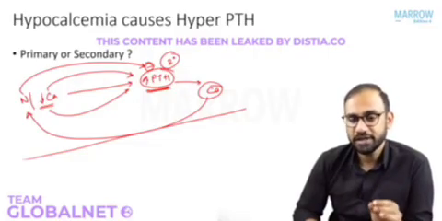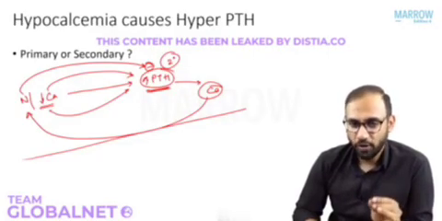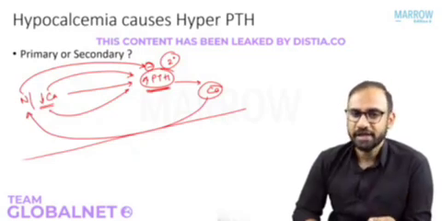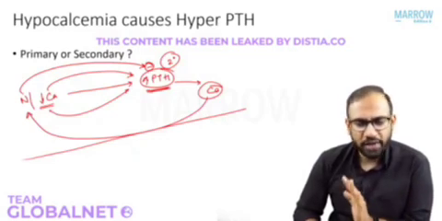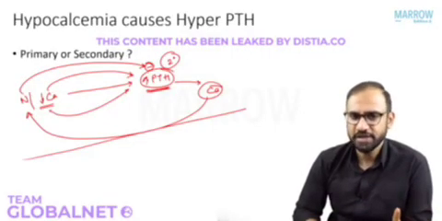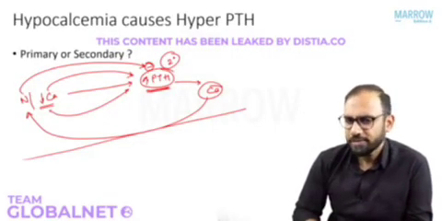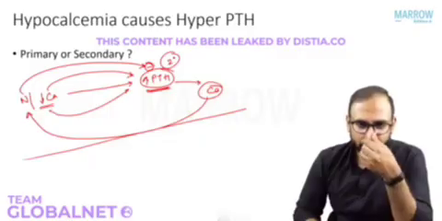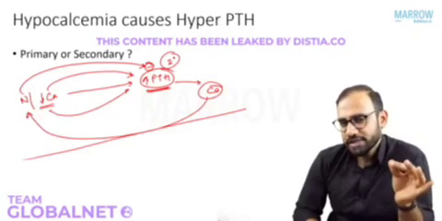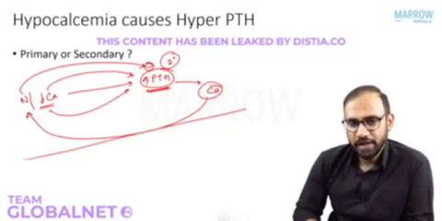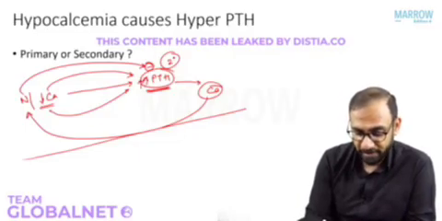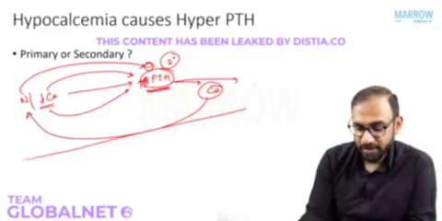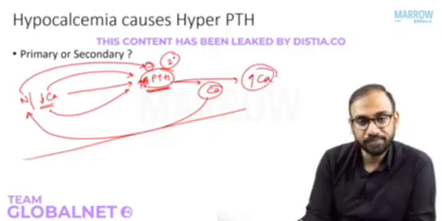There is a pathology in the parathyroid gland, and this pathology is unnecessarily secreting excessive amounts of parathyroid hormone without any kind of trigger, which means that the serum calcium would have been absolutely normal and parathyroid hormone would be secreted because there is a disease in the parathyroid gland. And because of this disease, there is an excessive amount of parathyroid hormone being secreted, which increases the serum calcium.